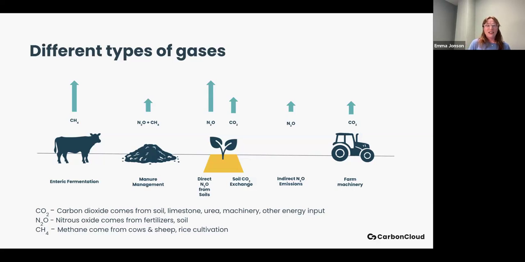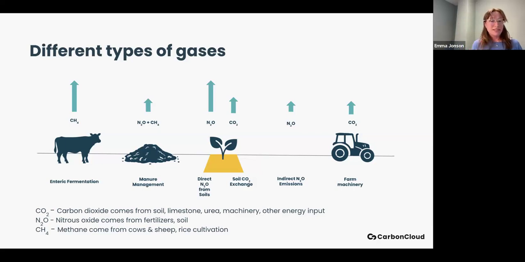We have nitrous oxide emissions from soils, and it happens both directly and indirectly. Directly means that nitrogen that you apply to the soil is partly converted to nitrous oxide, but there's also some nitrogen that disappears from your soil in leaching and runoff, and then is partly converted to nitrous oxide, and that is also included in the footprint.